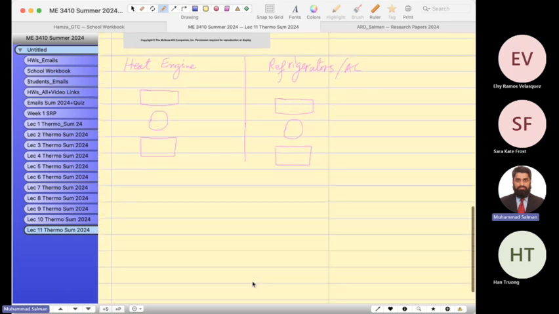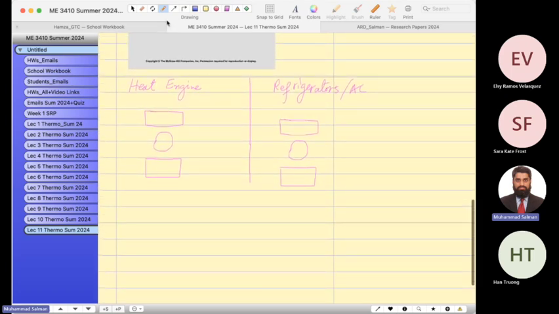It's just a big picture before I go slide by slide. Heat at high temperature comes from the source, the heat source. This block is the sink. And this is the process, the work output.